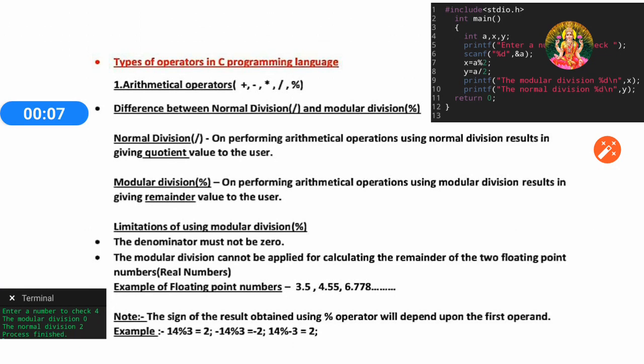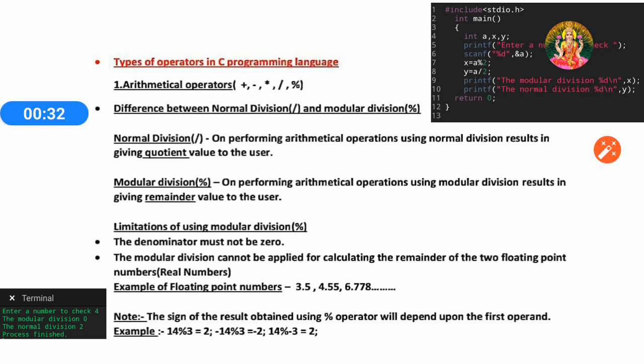Now today we will discuss a very interesting and very easy topic, which is arithmetical operators. In our previous video lectures, we have discussed what tokens are and the basics of programming language. Among those tokens, there is one type of token known as the operator.